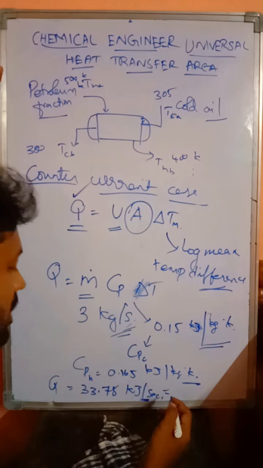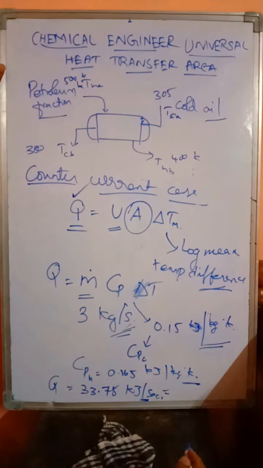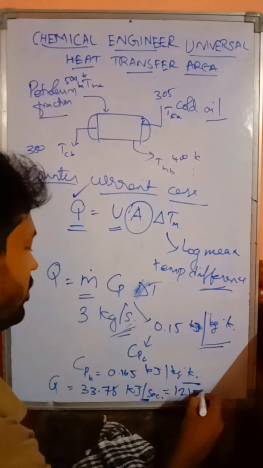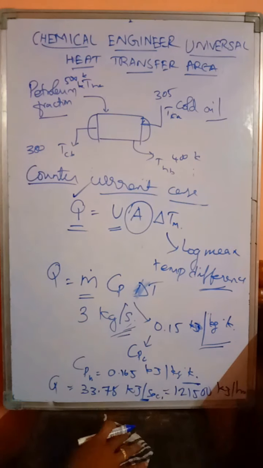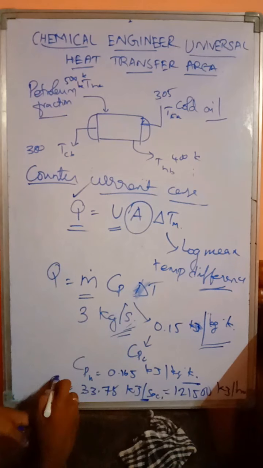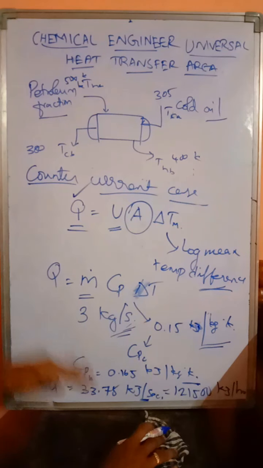If you multiply with 3600, you'll get 121500 kilojoule per hour. This is the Q value that has to be gained by the cold oil from the petroleum fraction.